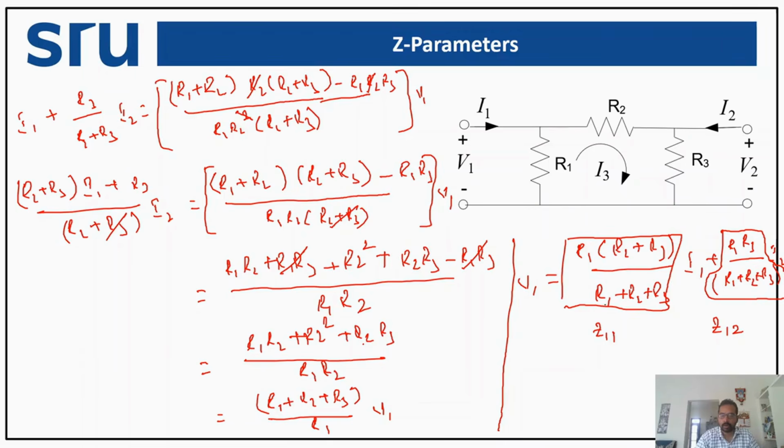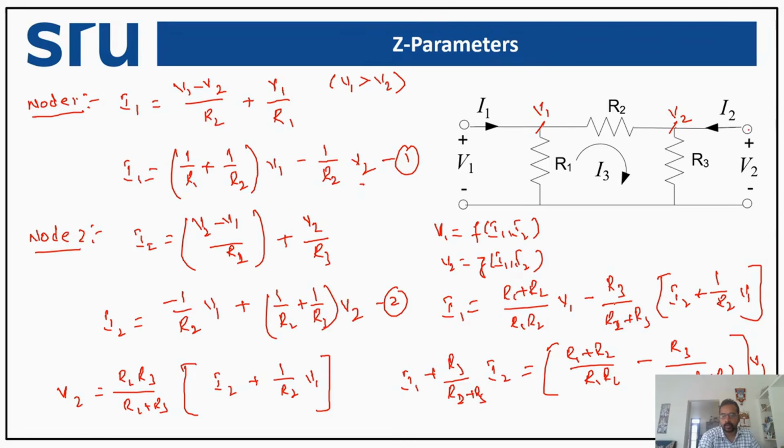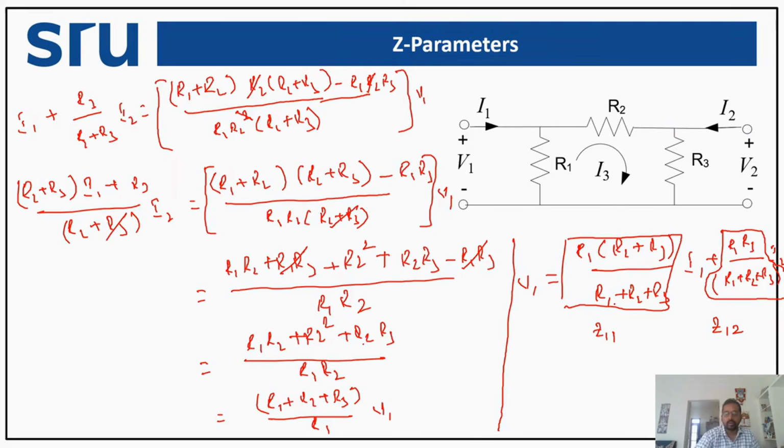So this is how we got the equation in terms of I1 and I2. If you see the previous numerical answer, we got the same: R1 into R2 plus R3 divided by R1 plus R2 plus R3, and Z12 as R1 R3 divided by R1 plus R2 plus R3. So now what do we need to do? We need to find Z21 and Z22.